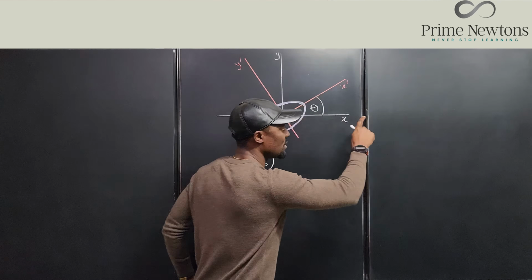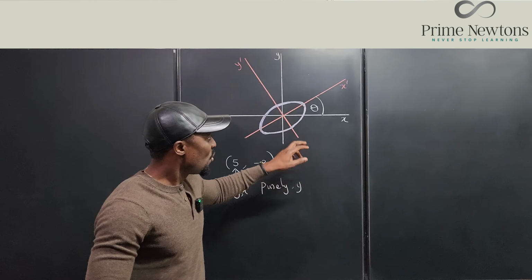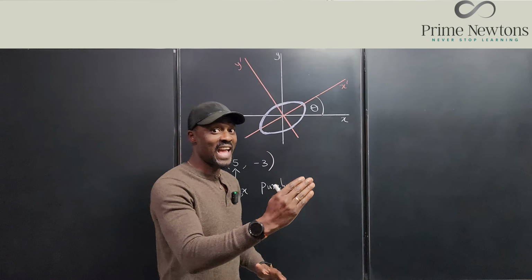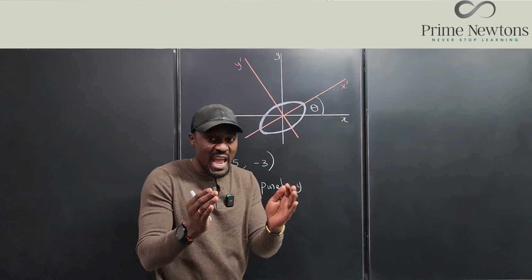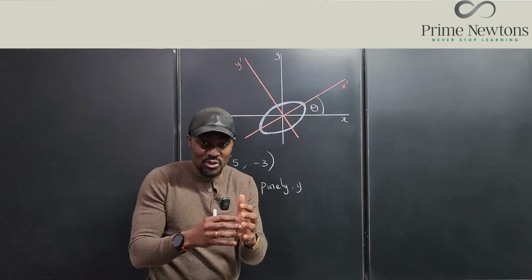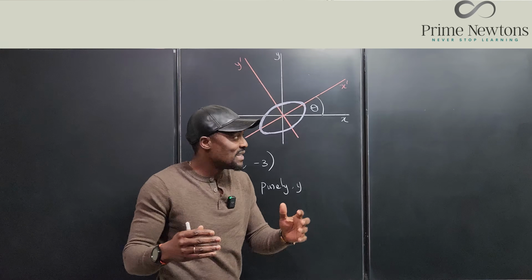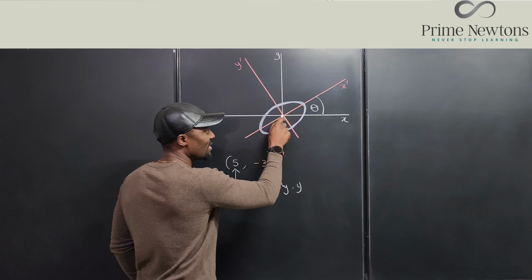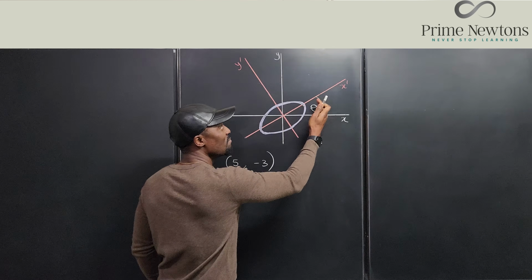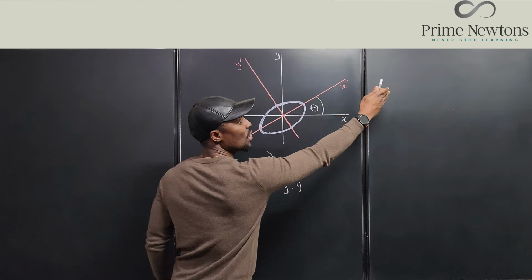You just travel horizontally. But once you start inclining the axes, nothing is pure. There is now a combination or an interaction between the x and the y-axis. Because look at this line. This line has gone both up and it has also gone to the right.